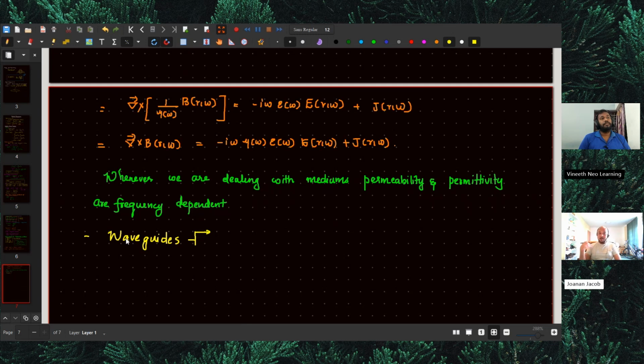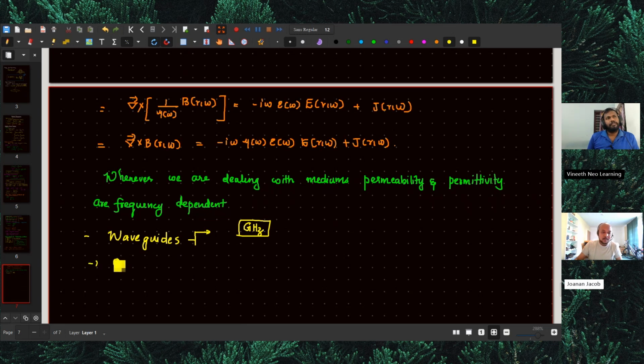Coaxial cables will allow only electromagnetic waves of certain frequency ranges to pass through them. For waveguides, I think it's in the range of certain megahertz or certain gigahertz. I'm not sure, I'll have to look into it.